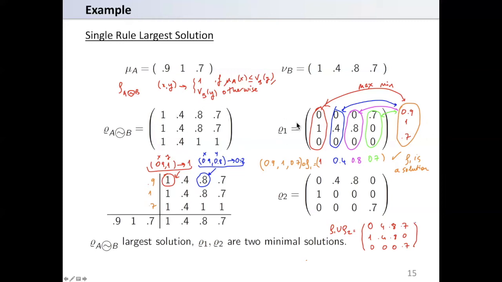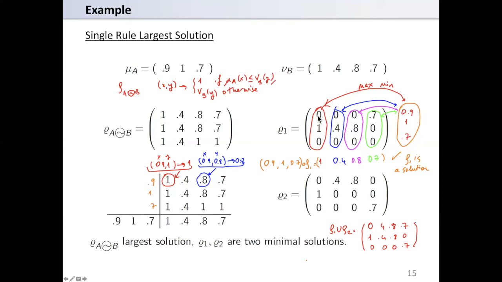Here a relation is given. In order to understand if this relation is a solution, we find the composition of this given membership on A with the given relation and check if it is equal to the membership on Y. Remember that for the composition, we compare each column here with the values in the set mu A, and for each comparison we choose the minimum, and then we choose the maximum.